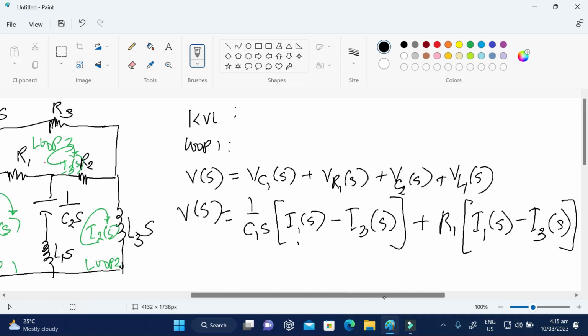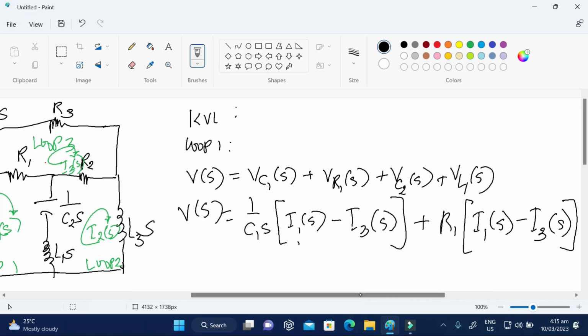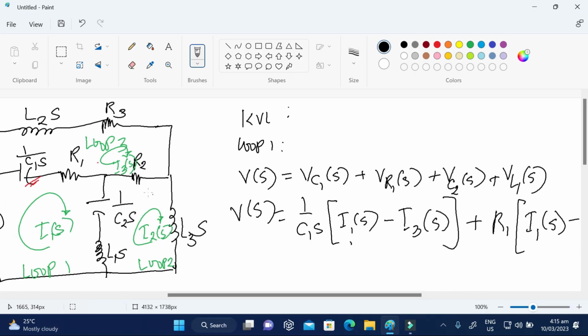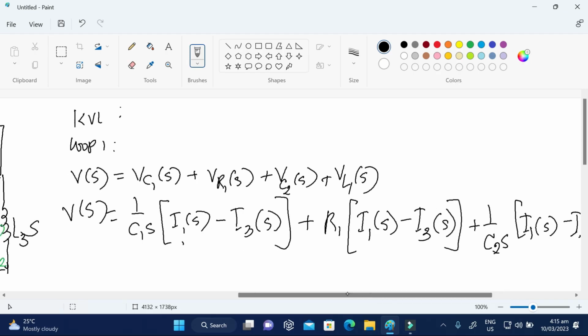Then for C2, there are also two currents, I1 and I2, so plus 1 over C2S multiplied by I1S minus I2S.